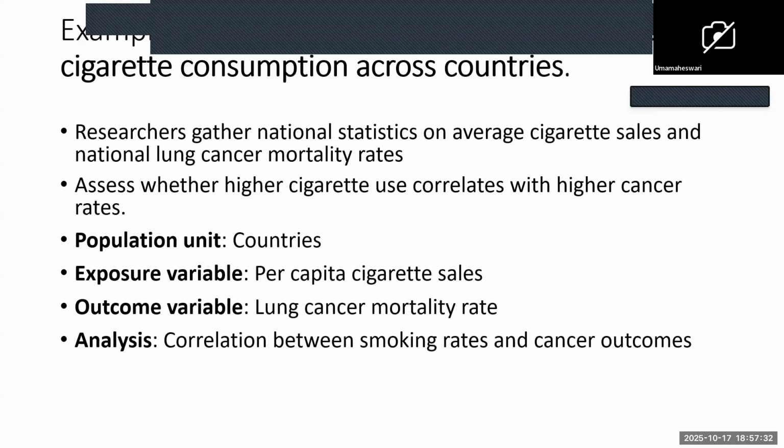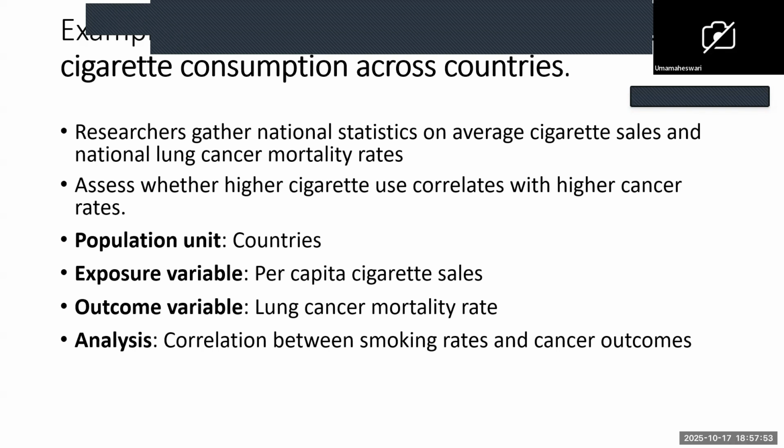They just collect the data about the sale of cigarettes from some public departments and lung cancer data from the cancer registries. So this is only group data. It doesn't have any individualized data. When you're presenting, it will be about a group.